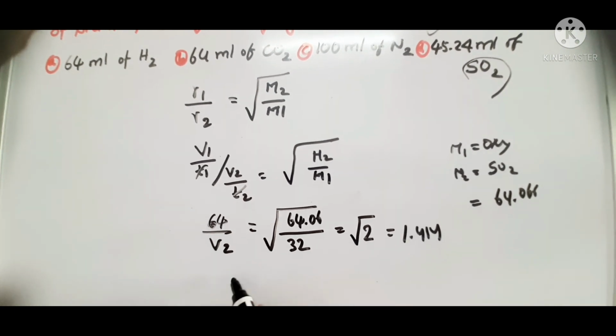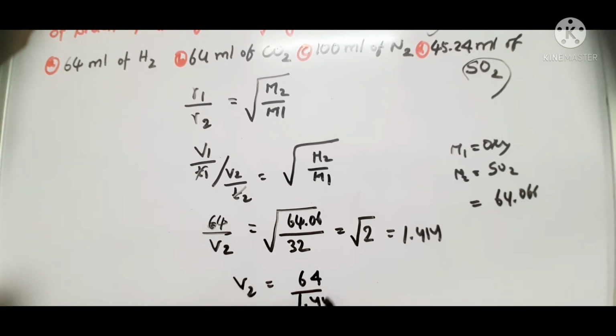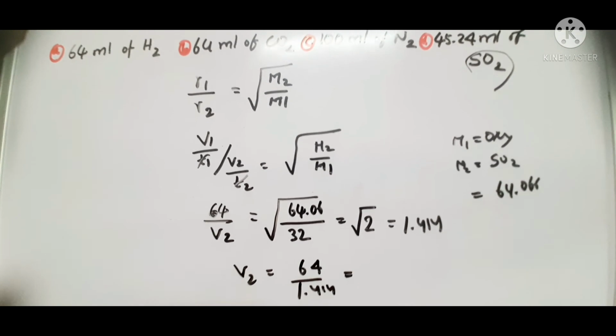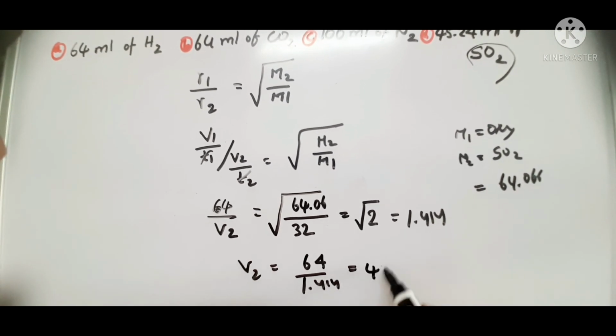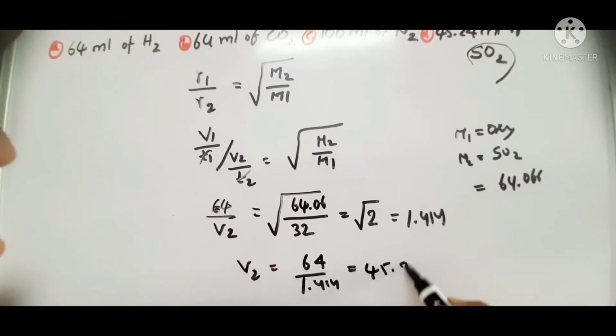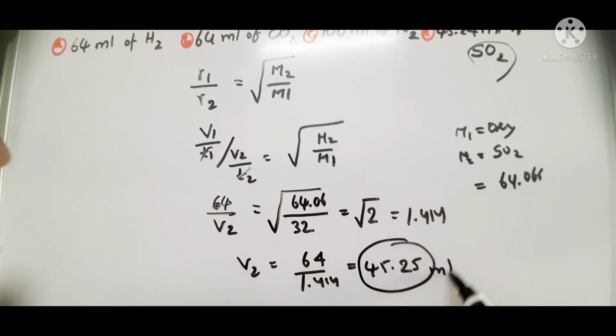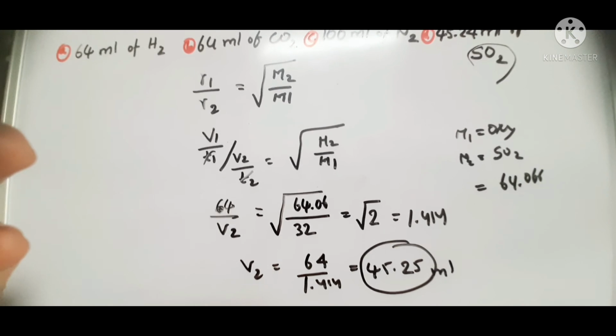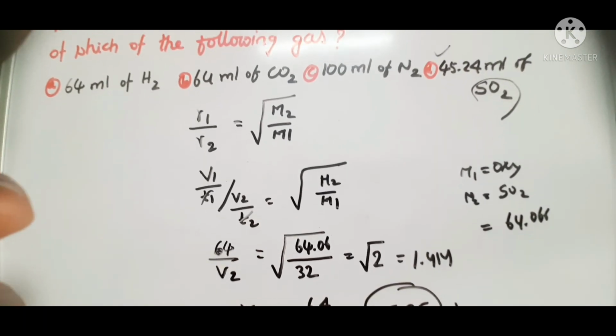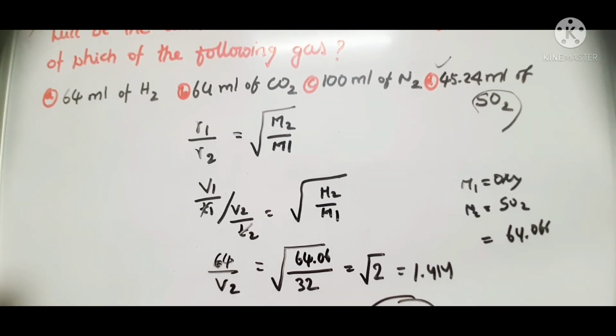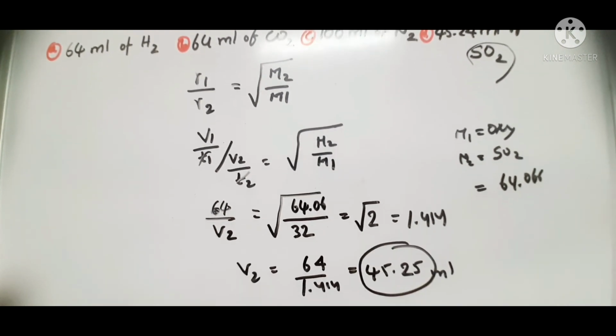So when you calculate V2 equal to 64 by 1.414, the answer will be 45.26, around 45 ml. So this is the ml of the SO2 gas which diffused in the same time. Okay, this is the answer.